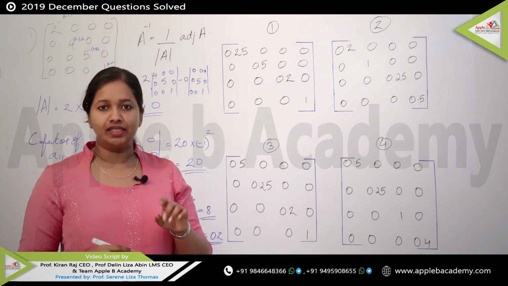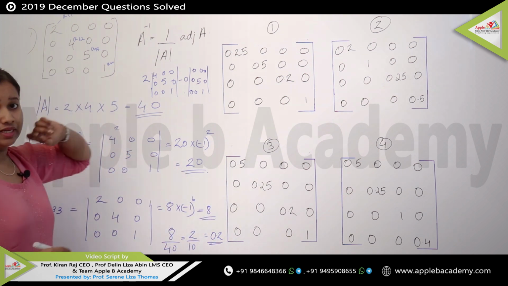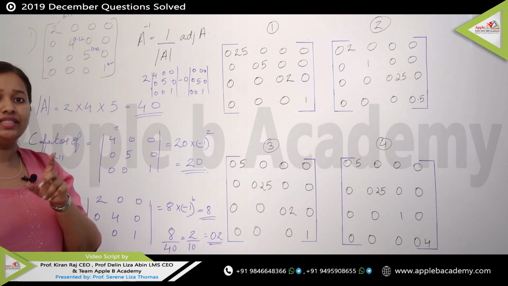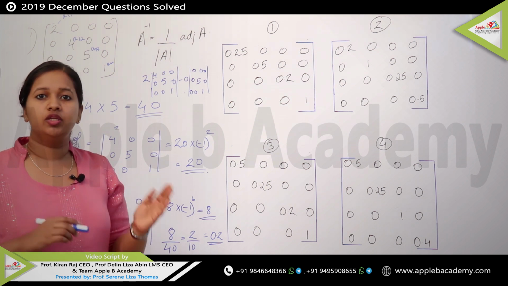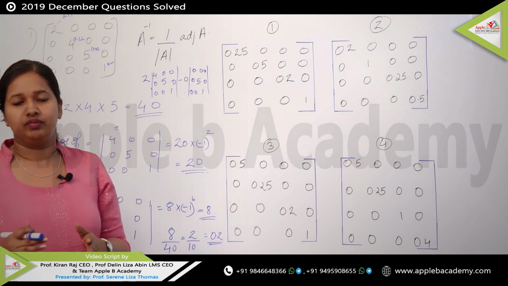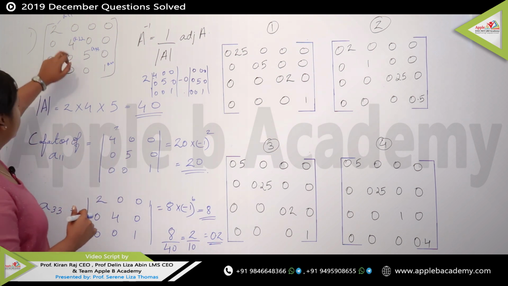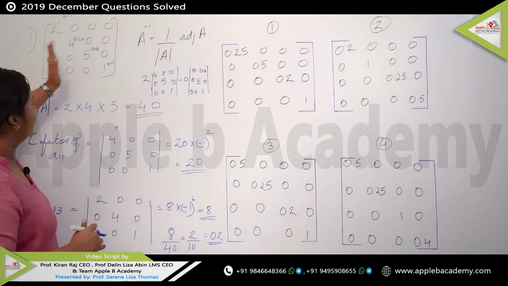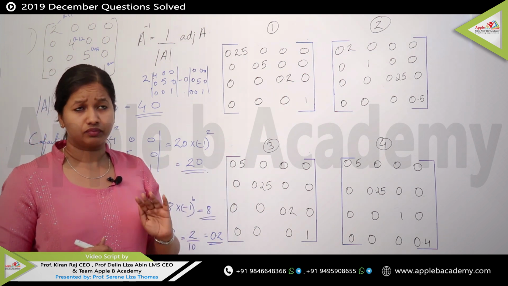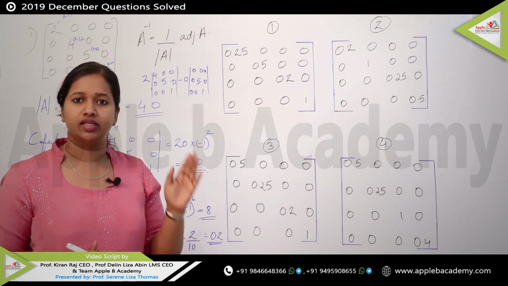In a 4 into 4 matrix, if we take the first element A11 and delete the corresponding row and column, you get a 3 into 3 matrix. The determinant of that 3 into 3 matrix is the cofactor of A11. The same procedure is followed for every other element. If you take A22 and delete this row and column, you get another 3 into 3 matrix. The determinant of that matrix is the minor. Minor into minus 1 raised to i plus j is the cofactor.